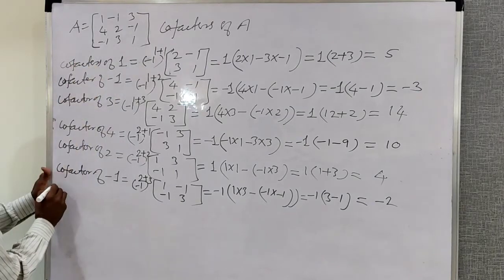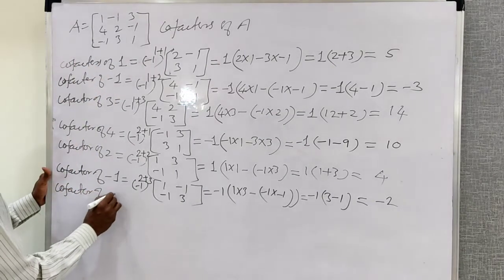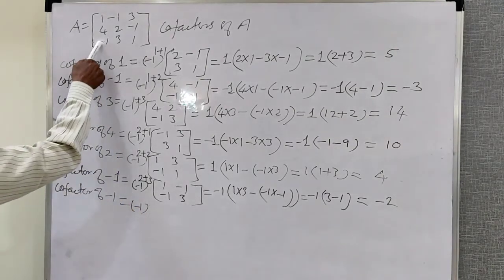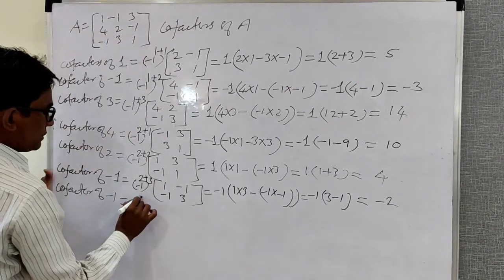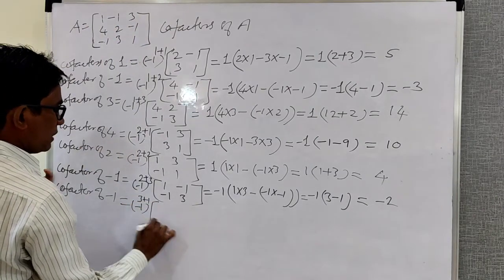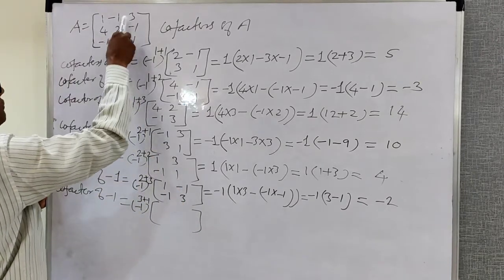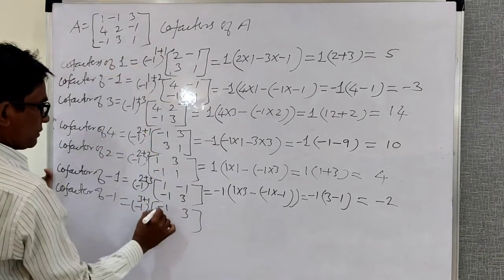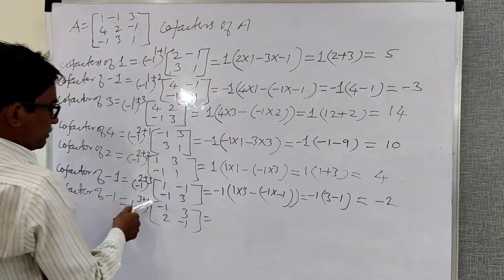Cofactor of minus 1, minus 1 into this minus 1 comes in third row first column, and the cofactors are minus 1 3, 2 minus 1, which is equal to 3 plus 1 is 4.